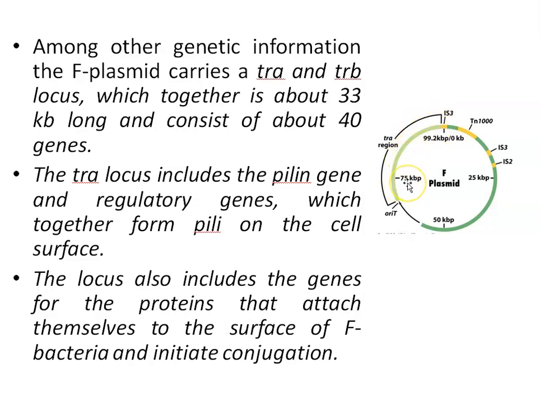The TRA locus includes the pili gene and regulatory genes, which together form pili on the surface of the cell. You know, pili are small hair-like structures present on the surface of the bacterial cell, right? The locus also includes the genes for the proteins that attach themselves to the surface of F negative bacteria and initiate conjugation, right?